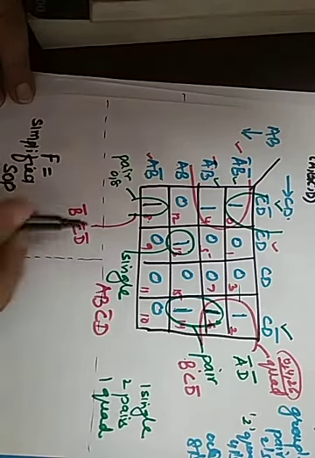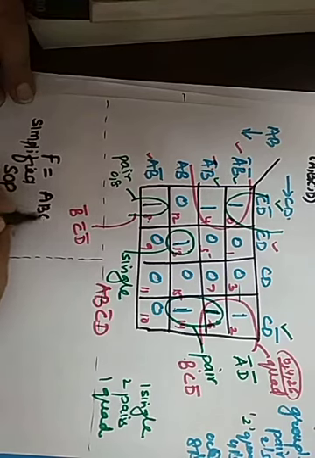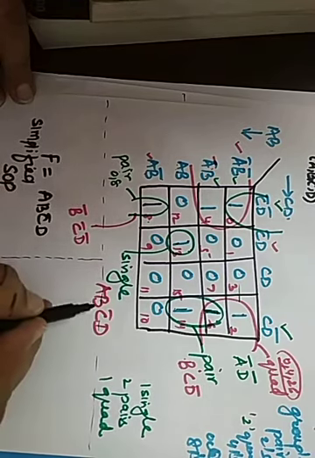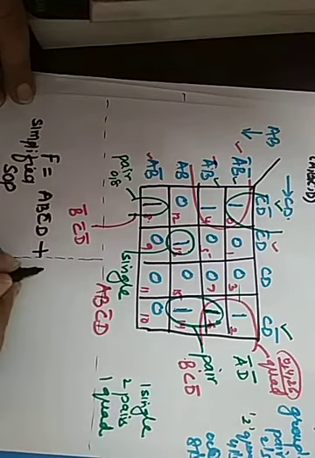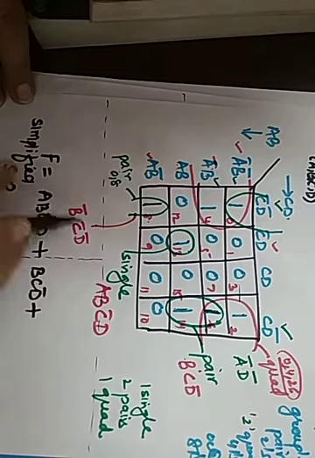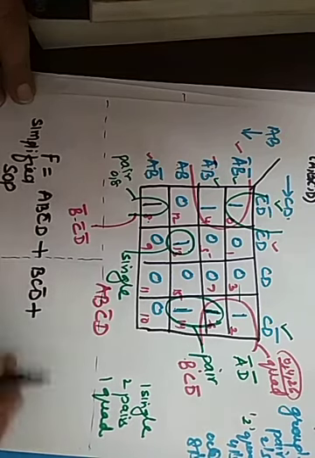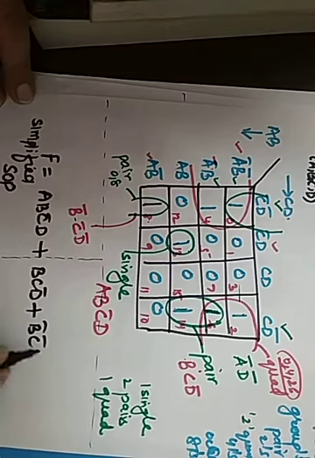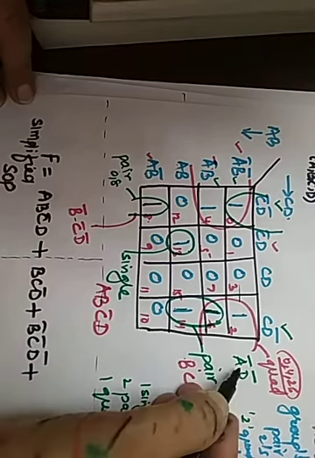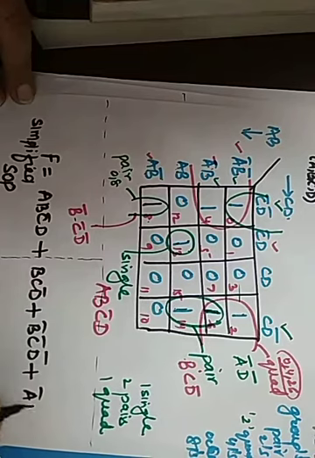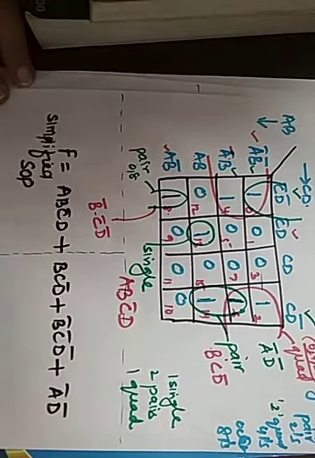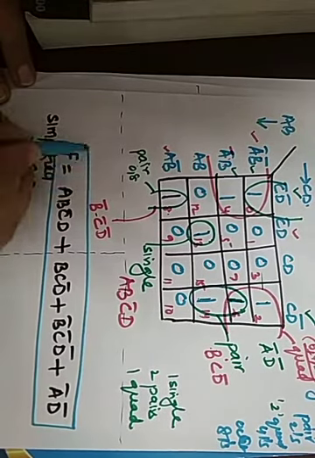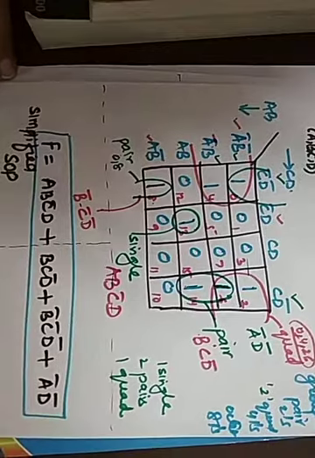The single is A B C bar D, plus the two pairs: B C D bar, plus B bar C bar D bar, plus the quad A bar D bar. Having written the function like this gives you the solution for the simplified function f with the help of K-maps.